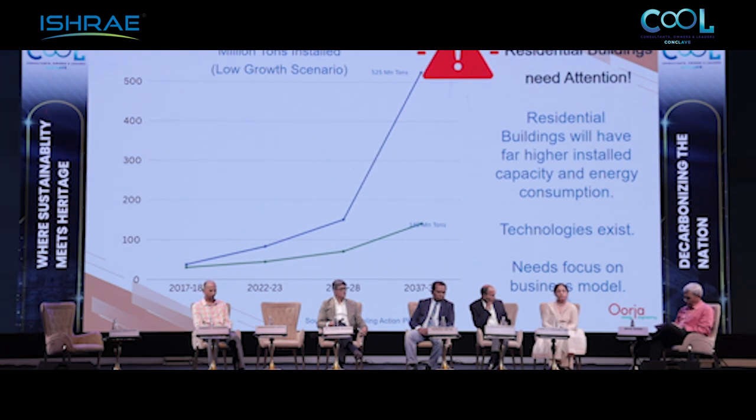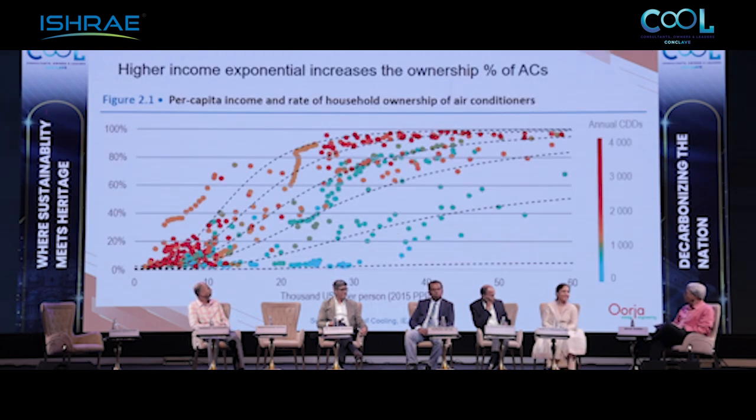Whenever I look at any hockey stick, I'm always suspicious as to what is behind these numbers. And then I looked at another data set. It might look a little complicated, but what it shows is that for countries with about 3,000 cooling degree days, which is typically tropical countries, most cities in India, if the per capita income in purchasing power parity terms is less than $10,000, the air conditioning adoption is below 20%, right?